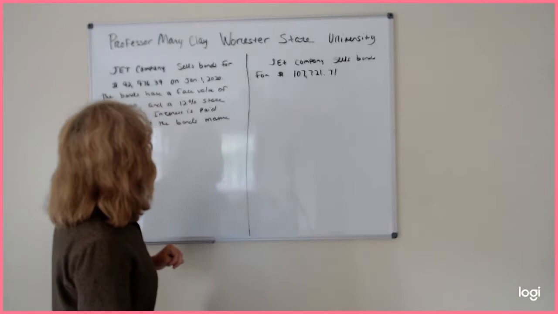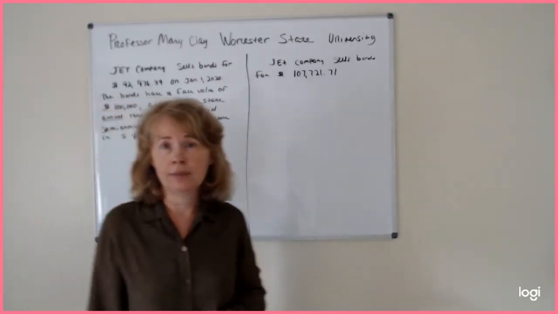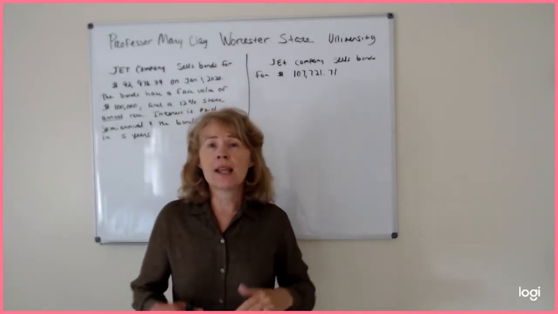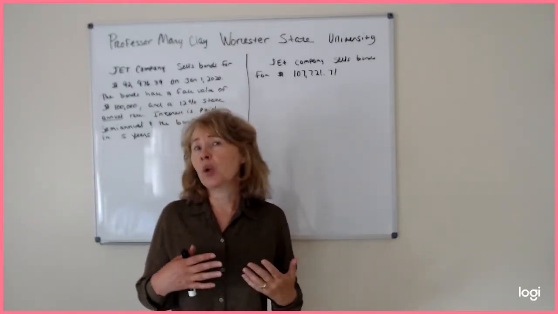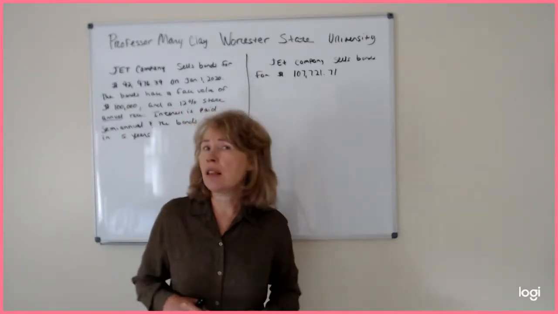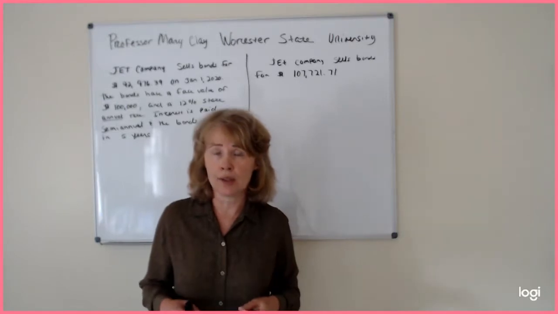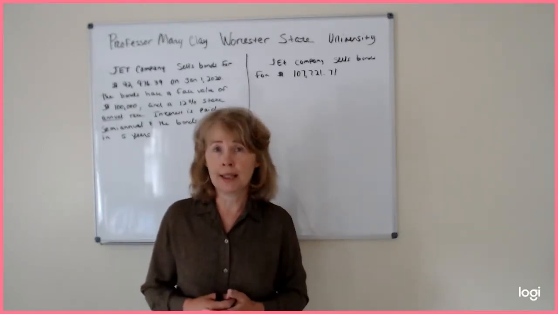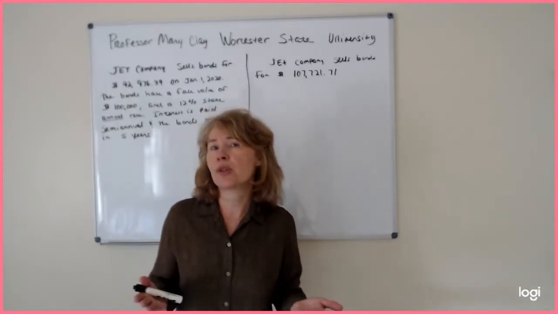Next thing that we're going to look at is the stated annual rate. There's 2 different ways to figure out the cash interest payment. I like to do it a quicker way, but whatever way that you want to do it, if you want to do it the same as the publisher, I'll show you both ways. So what I do before I begin is, the stated annual interest rate is 12%.